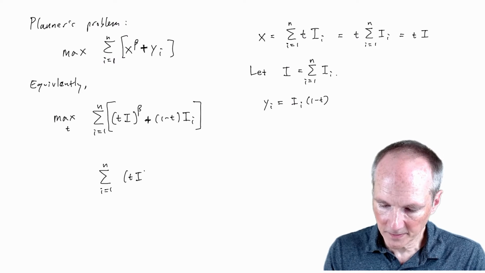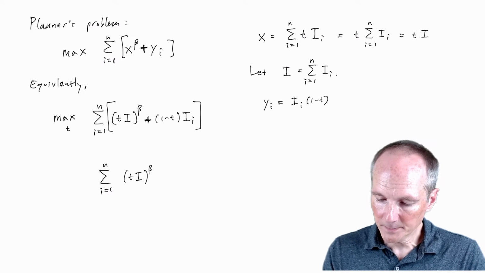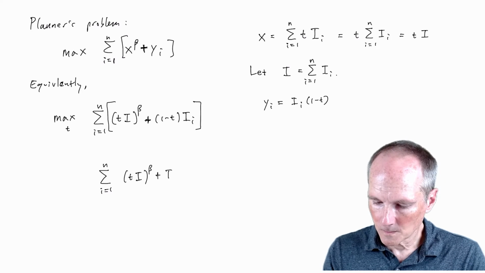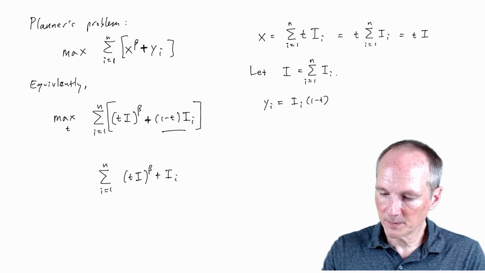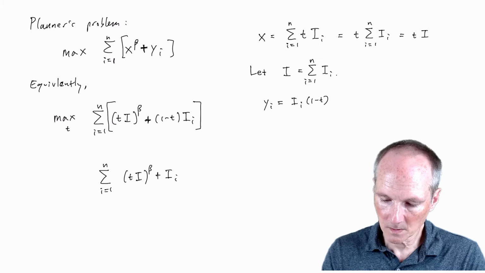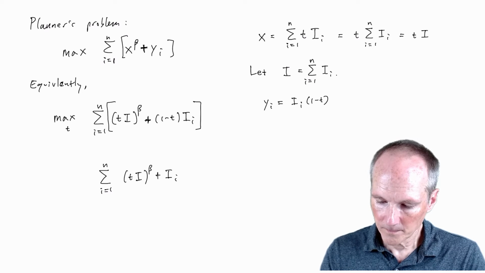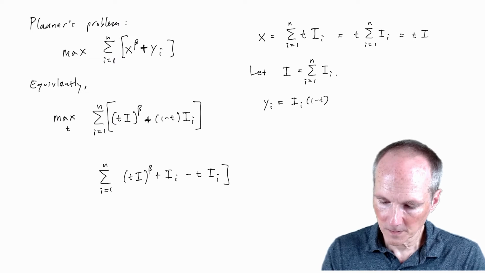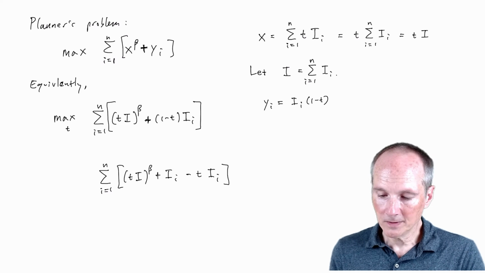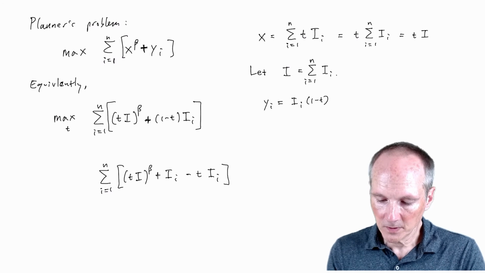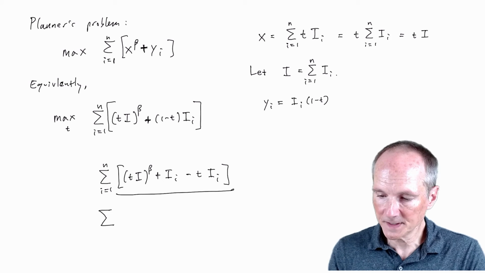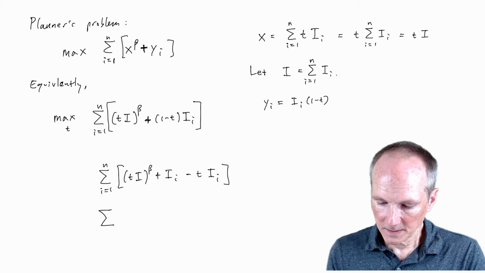The first part here stays the same, but I'm going to break this term up into two. Okay, like so. That's not a big change yet, but now I'm going to break up this whole sum into two parts.